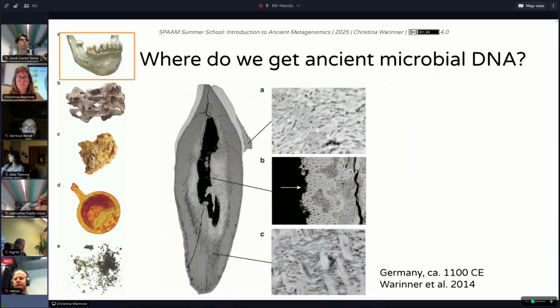Now, if we focus on genetics specifically, we can look at a tooth from three perspectives. There are three main sources of microbes within a tooth. The first is one that I work on quite a lot: dental calculus, or calcified dental plaque, or tooth tartar. This naturally forms during life on the surface of the enamel.